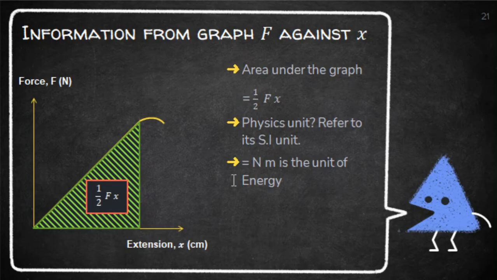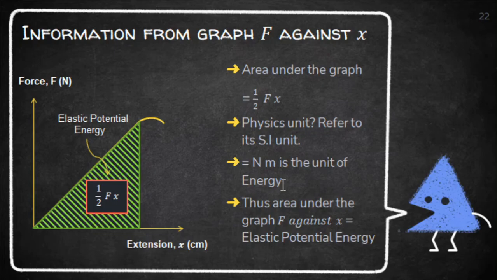It is by the physics unit of the triangle. F is in Newton and X is in meter. So the unit is Newton meter, which is the unit of energy. Thus, area under graph F against X equal to elastic potential energy.